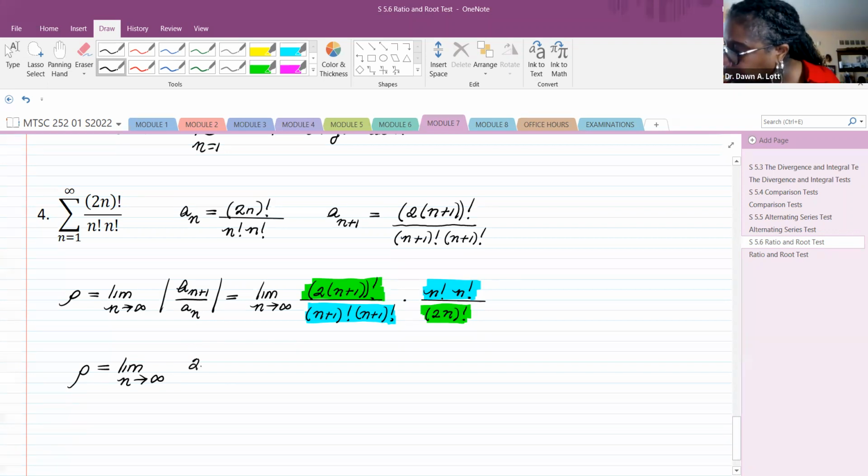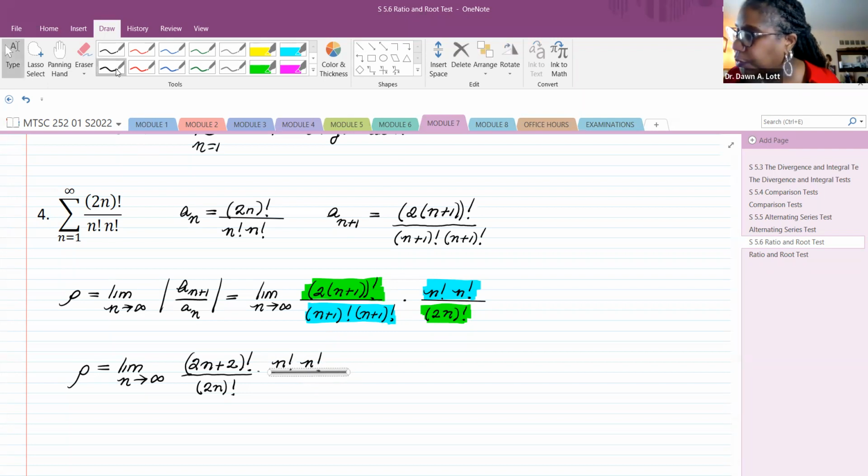That looks to me like (2n plus 2) factorial divided by (2n) factorial, and then this looks like n factorial divided by (n plus 1) factorial times (n plus 1) factorial. Okay, any questions to that stage?